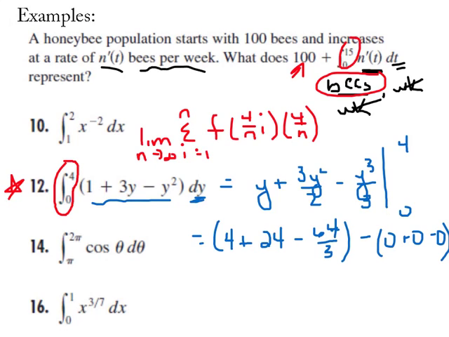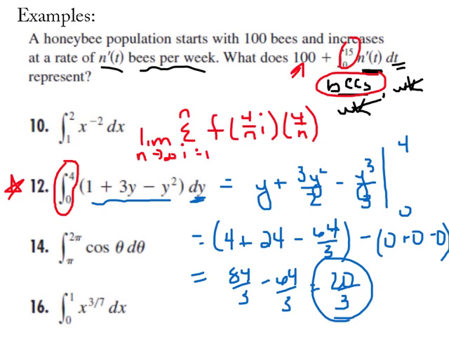So I plugged in the 4 to the top first, the top number first, and then minus, I plugged in the bottom number. So what does this give me? 28. And I want to get a common denominator. So 28 times 3 is 84 thirds minus 64 thirds equals 20 thirds. It's not super short, but it's definitely much shorter than doing this.